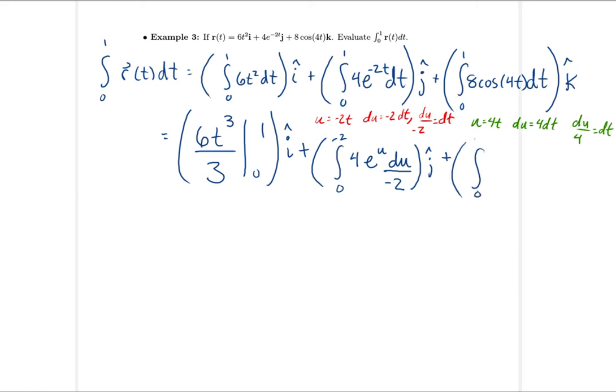So this is 0 to 4 of 8 cosine of u du over 4. And that's my k component. All right, a little bit of cancellation here. Cancellation there.